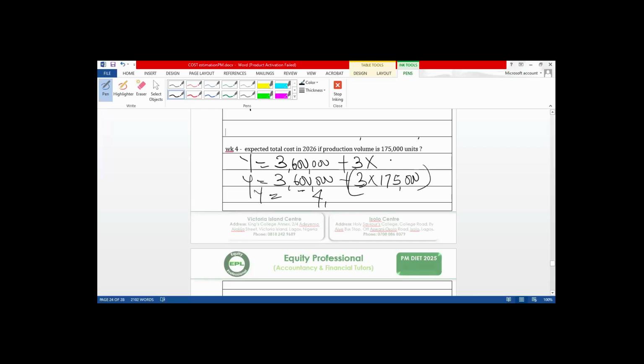Okay, this is an error. There's an error in this question. It should be 1,750,000 units.